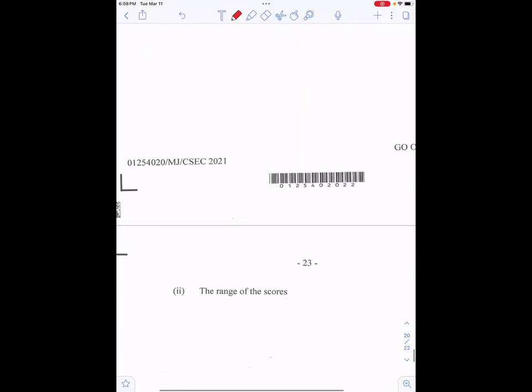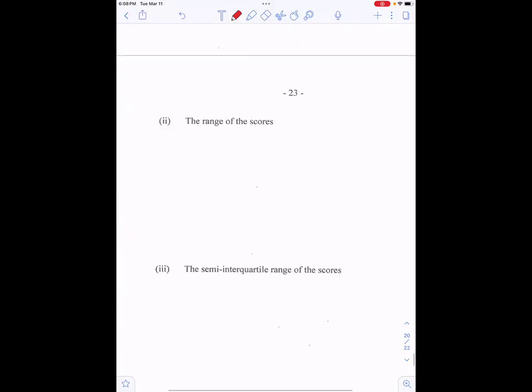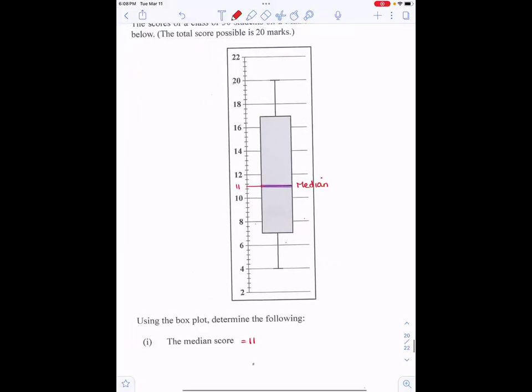We want to find the range of scores and the semi-interquartile range. So let me look at the range first. So the range is the highest minus the lowest. So work out the range for me. Next 16. Yes. 20.